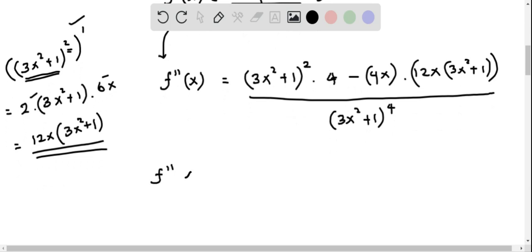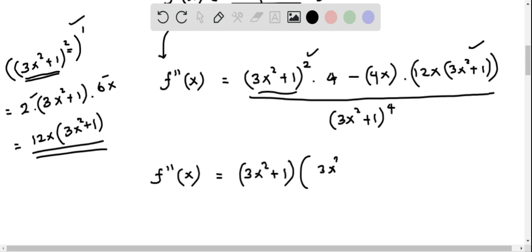So here we have f double prime of x. This is the second derivative of function f of x. Now we can see that we can factor this 3x squared plus 1 from both terms. So I'm going to factor 3x squared plus 1, and when I do that, here I'll be left with 1 factor of 3x squared plus 1 times 4.